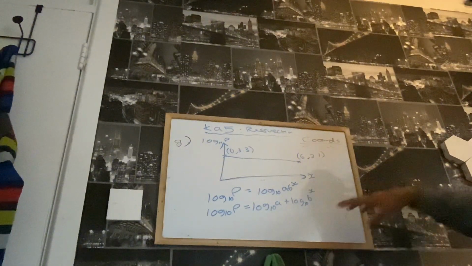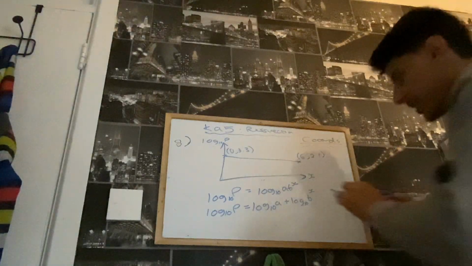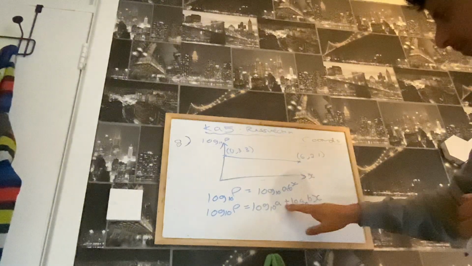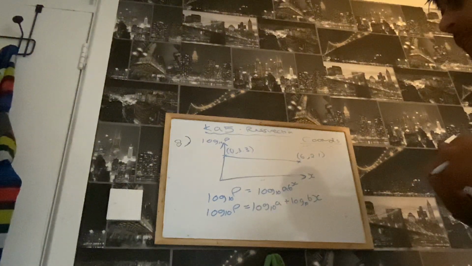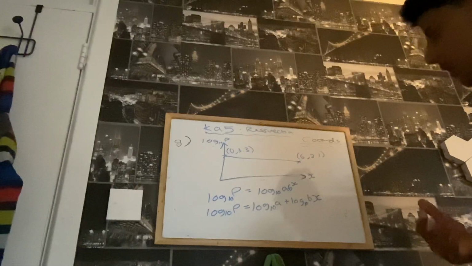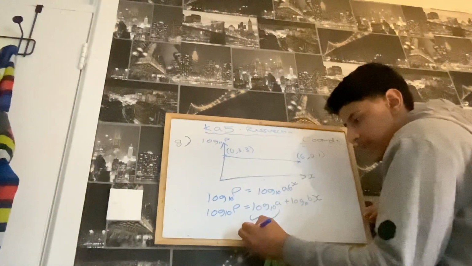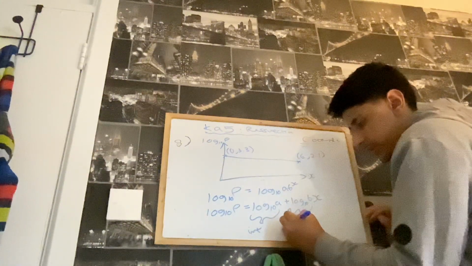But our x is floating over here as a power, so we can just make this over here. Just to make it more visually appealing, this would be our intercept, this would be our gradient.